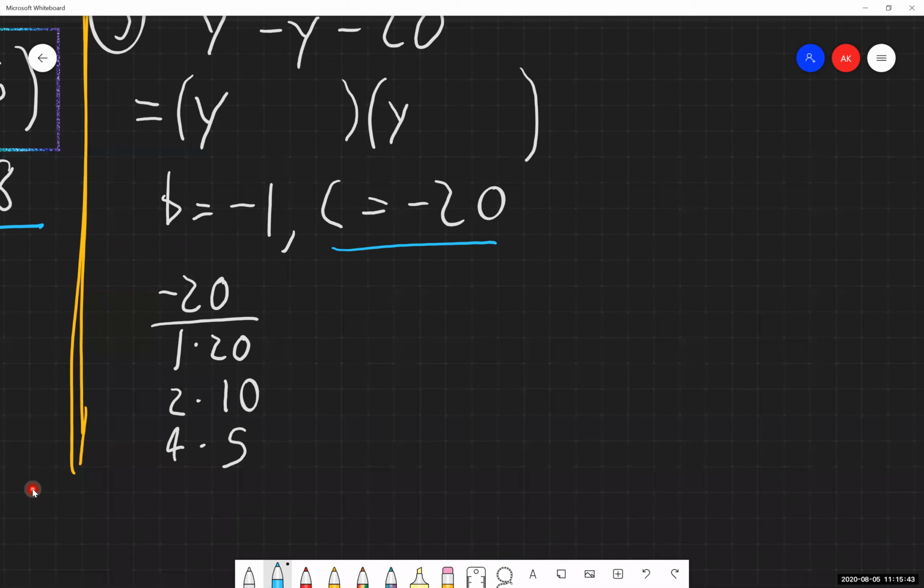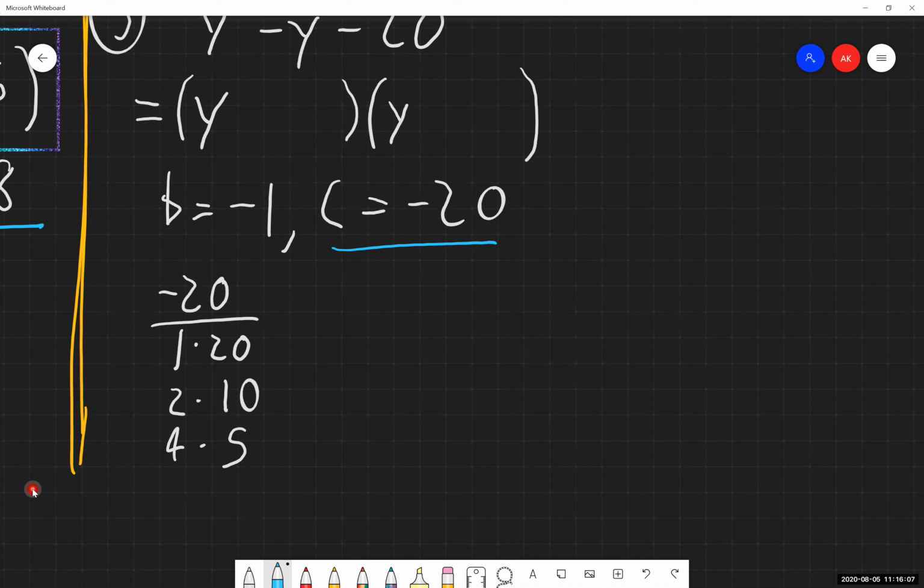And the reason behind that is if the numbers are the exact same sign, a positive times a positive gives us a positive answer. A negative times a negative gives us a positive answer. But our answer that we're working with is negative, which means one of these columns has to be a positive number. One of these columns has to be a negative number.